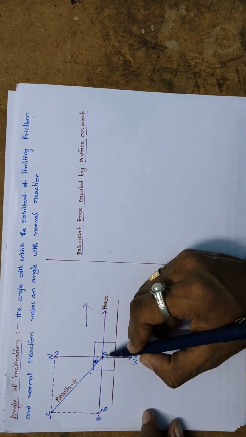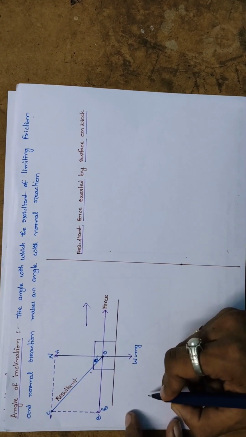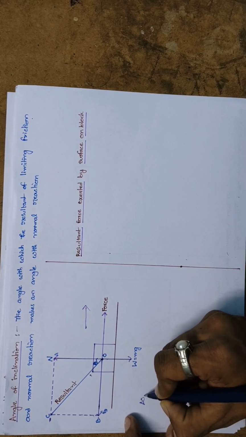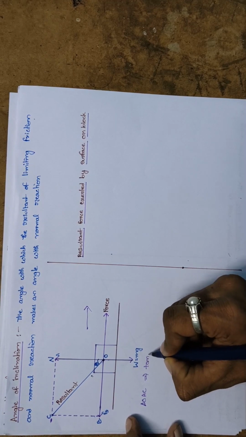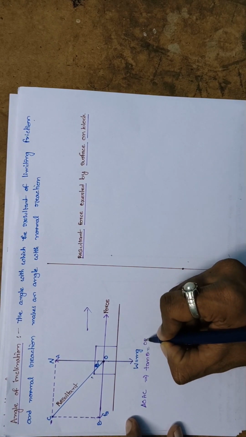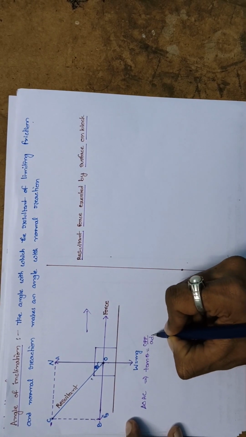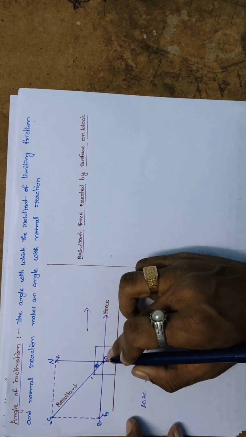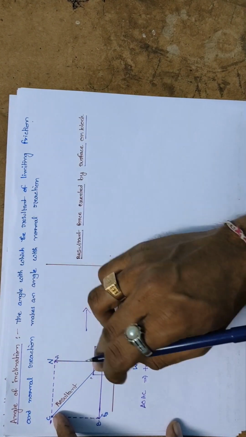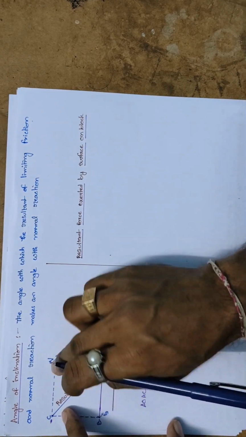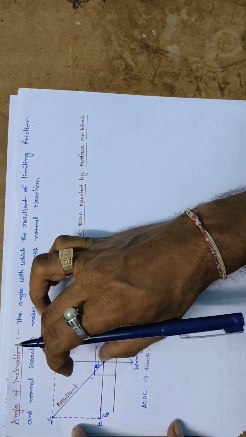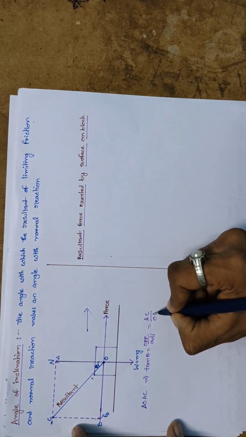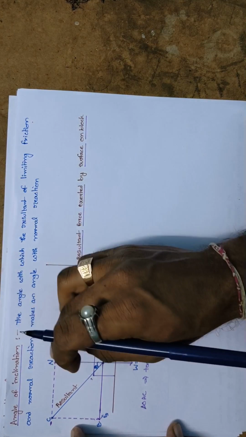From this I am going to take the triangle OAC and use tan theta. What is tan theta? Opposite side by adjacent side. In triangle OAC, theta is here, so the opposite side is AC, and the adjacent side is OA.